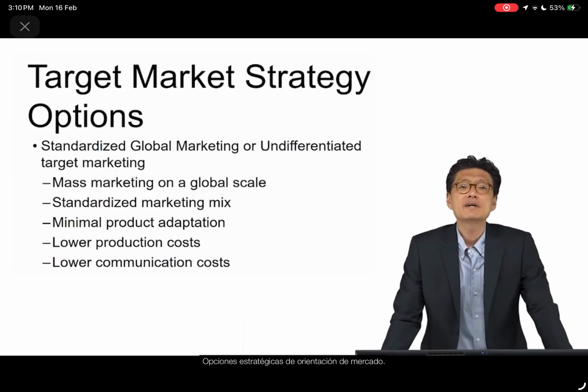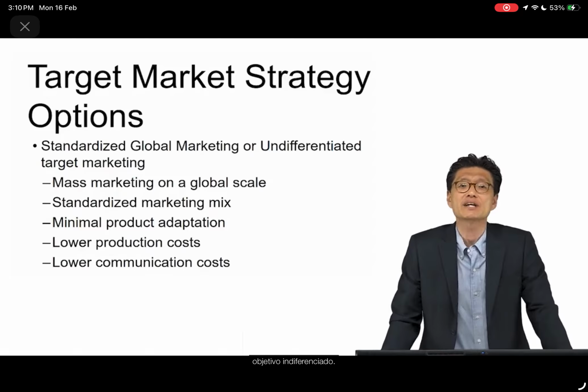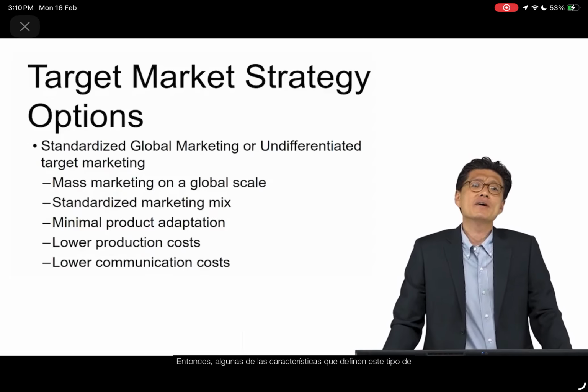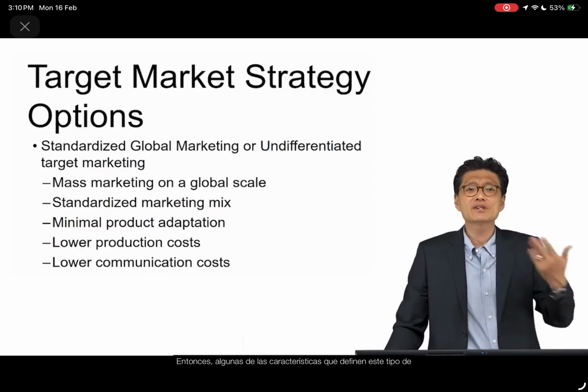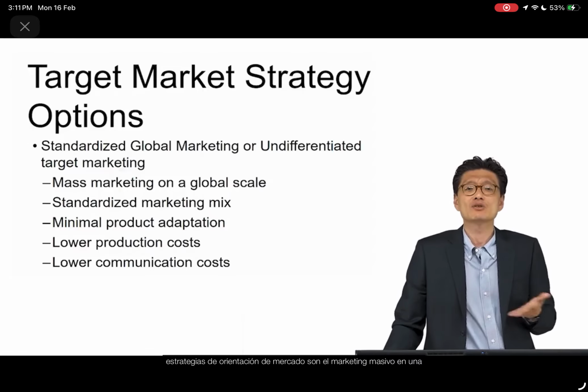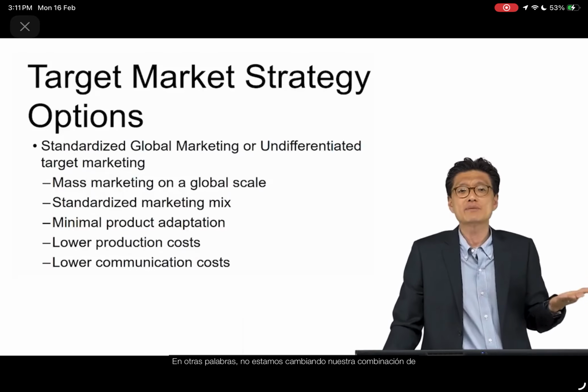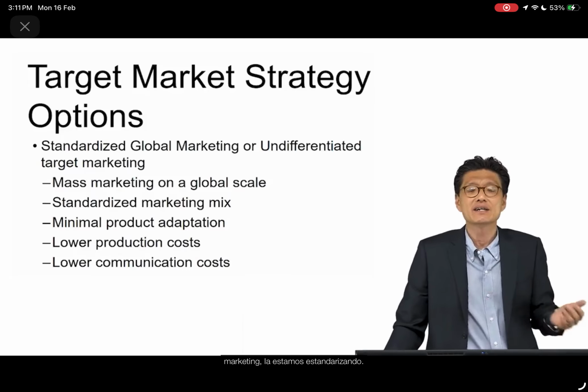So, target market strategy options. The first one is standardized global marketing or undifferentiated target marketing. Some of the characteristics that would define this type of strategy would be mass marketing on a global scale and a standardized marketing mix. In other words, we're not changing our marketing mix, we're standardizing it.